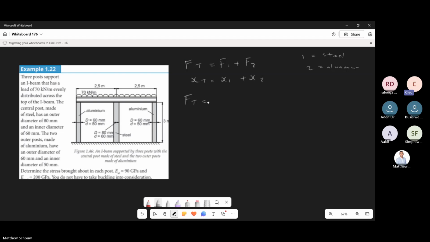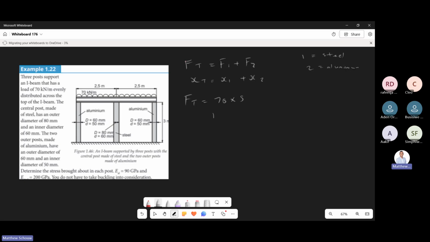So do you multiply it by 9.8? Because it's a load? It's already in kilonewton, remember. But what do we do then? It's per meter. Are you with me? So we just times it by 5. 70 times 5. It's spanning over 5 meters.